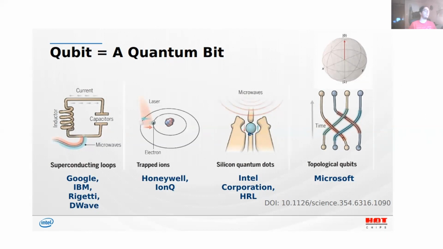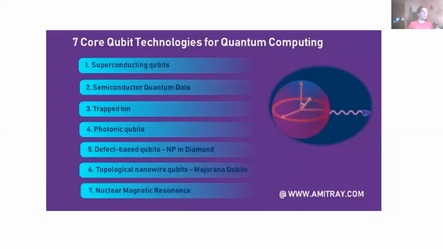But as you can see, there are different ways to compute with quantum bits. This is the list of 7 core qubit technologies for quantum computing: superconducting qubits, semiconductor quantum dots, trapped ions, photonic qubits, defect-based qubits, nitrogen vacancy in diamond, topological non-wire qubits, which means the Majorana qubits, and nuclear magnetic resonance.